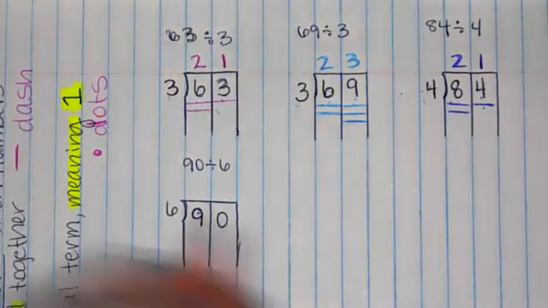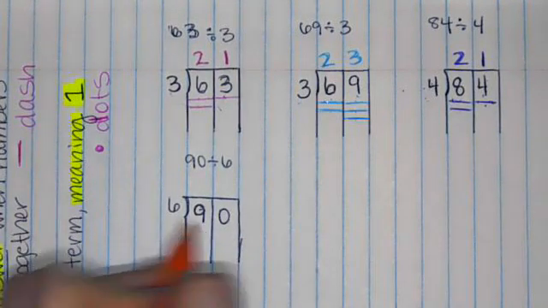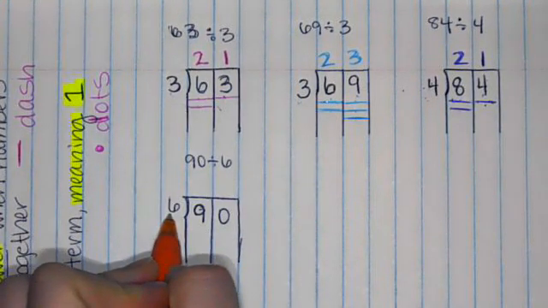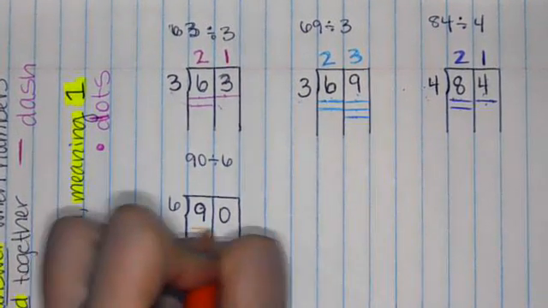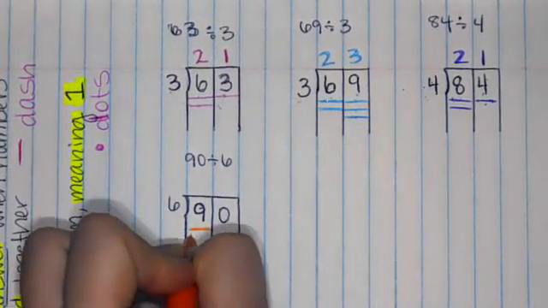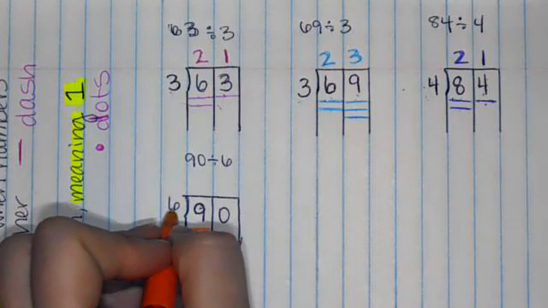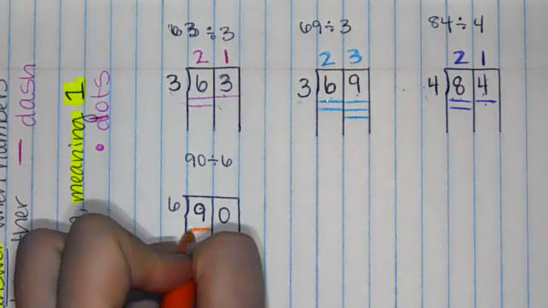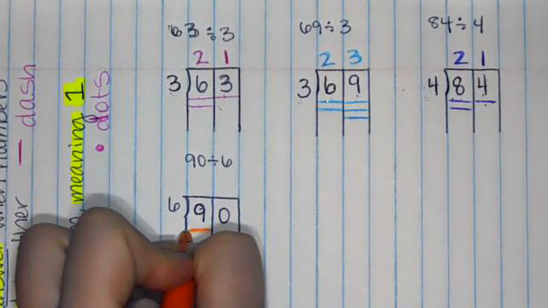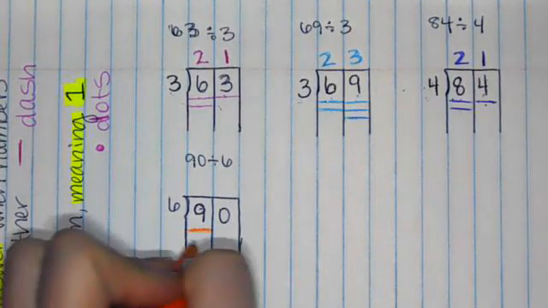I'm going to do the opposite of division. That's 9 divided by 6, so 9 into 6 groups, and I'm going to do multiplication to help get us there. So 6 times 1 is 6. If I do 6 times 2, that's going to be 12. That's too big. I can't do it. So I have 6. I need to get up to 9. So I'm going to be using my units.